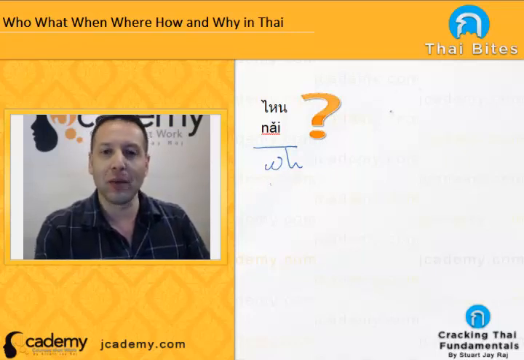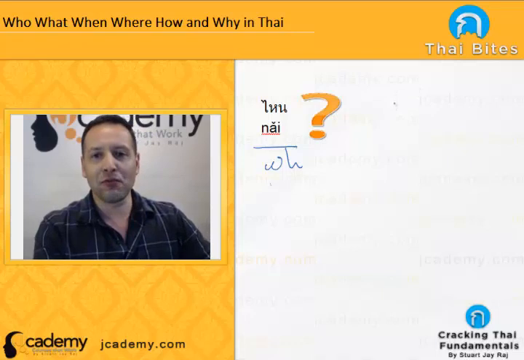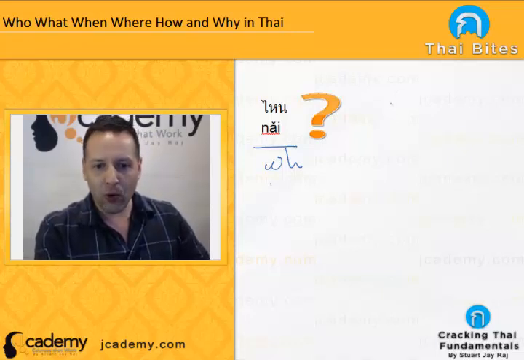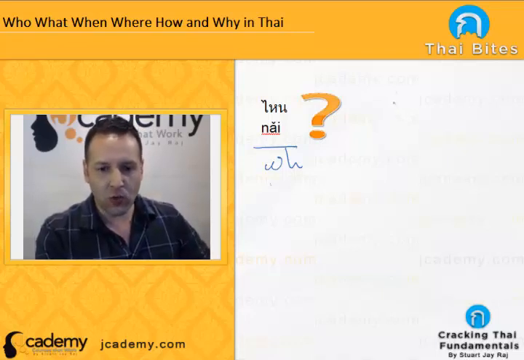Now, something I've just got to mention, and it might seem funny to Western language speakers because spelling is so important, and you think the spelling is almost set in stone sometimes. It wasn't always like that.